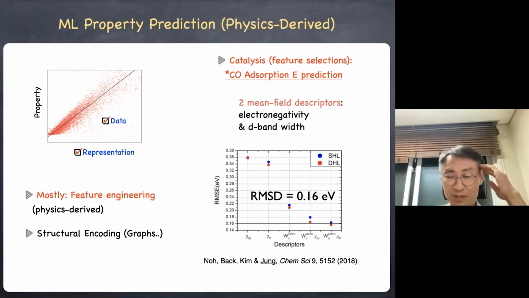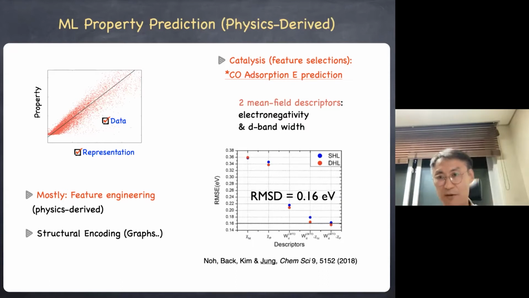For example, for catalysis applications, where you want to predict the binding energy of CO on top of various metal surfaces, you can use some kind of mean field descriptors like electronegativity, the d-band width, and then it can predict the binding energy using these kinds of mean field descriptors.